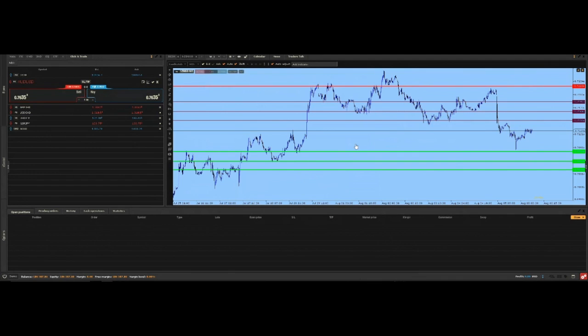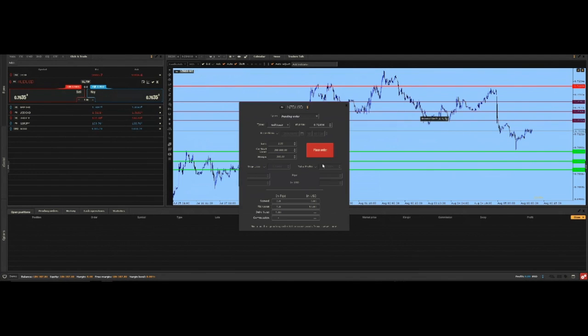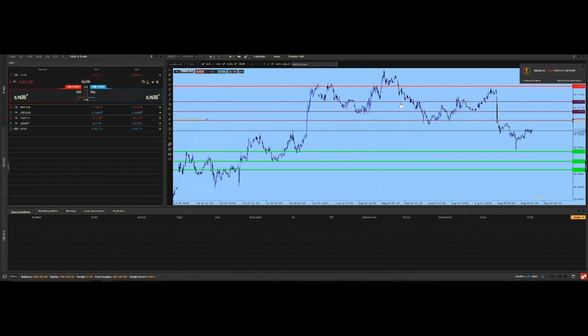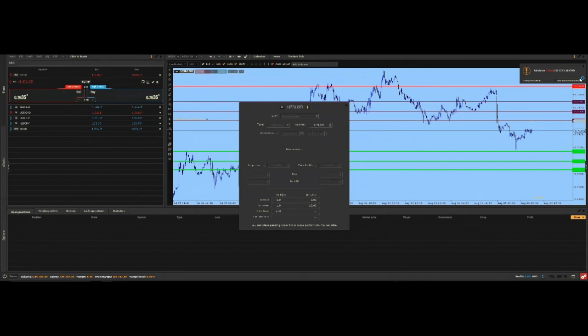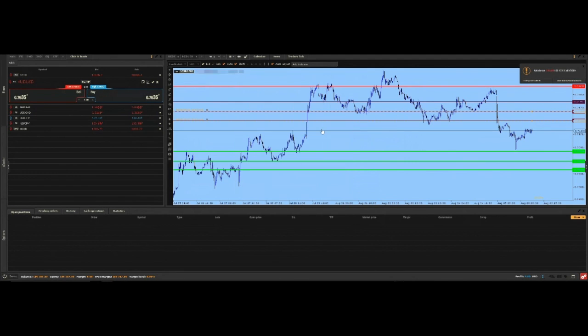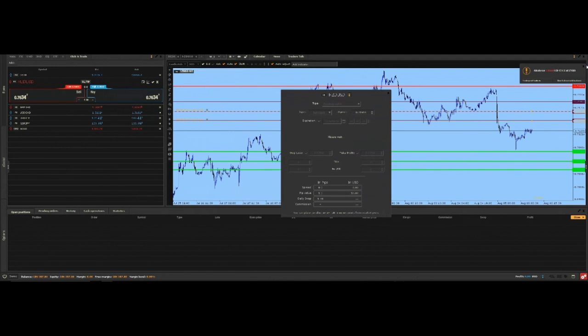So now, with our great platform, we can simply come in, right-click, set up a sell limit, place the order, right-click, set the sell limit, place the order, right-click, place the sell limit, place the order.